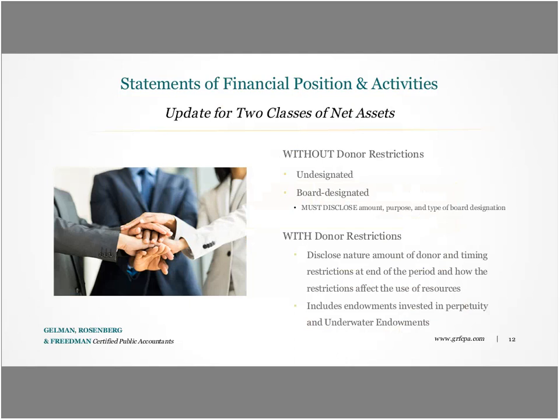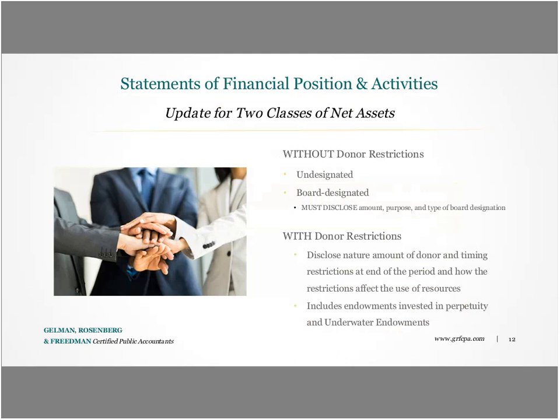Again, you'll see an update for the 2 classes of net assets. Without donor restrictions, you have undesignated and board designated. And with board designated net assets, those are net assets without donor restrictions, but are subject to self-imposed limits by actions of the governing board.